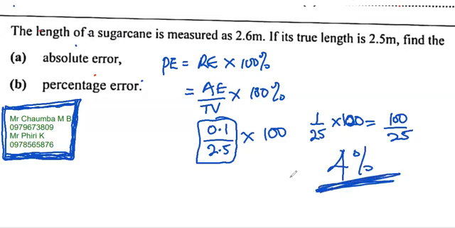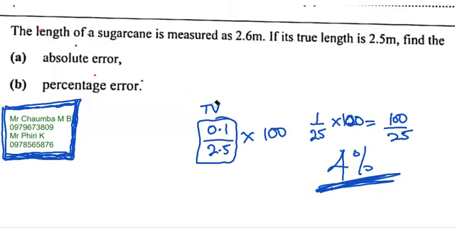That is the percentage error. The amount of error in percentage form is 4%. I hope that makes sense.